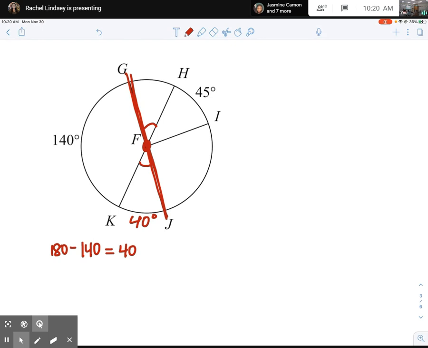So what would GH equal? 40. Because of vertical angles and vertical arcs. Now how can I find IJ? You could do 360 minus everything, or what do you know about this? You could do 180 minus 40 minus 45, or 360 minus everything else.